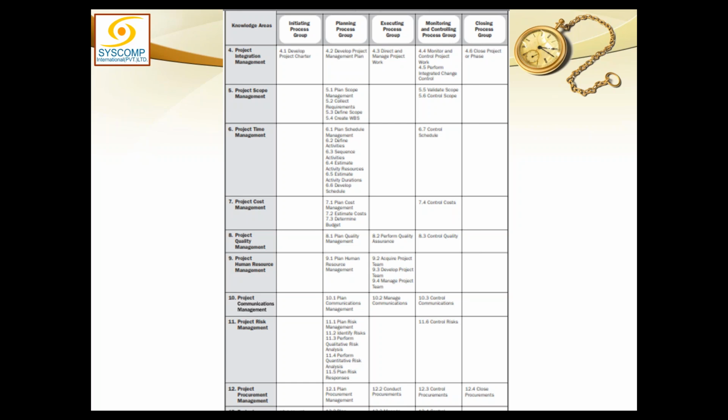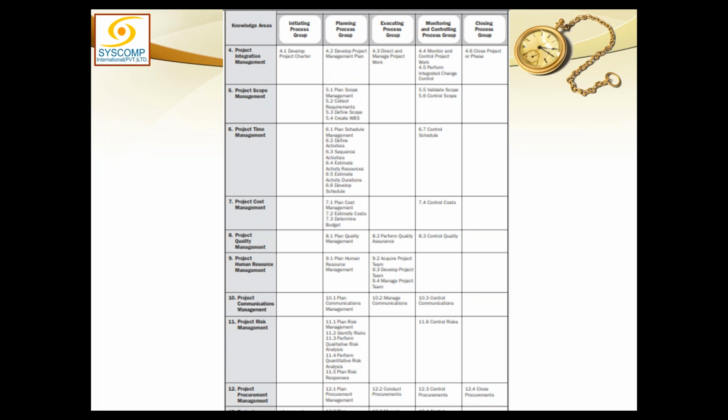But even here, we can see that all the knowledge areas have one process in execution. Exception is human resource management. In human resource management, we have 3 processes. Therefore, that speaks that there is something special about human resource happening in execution.